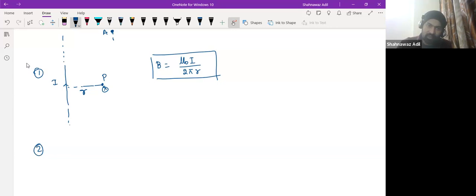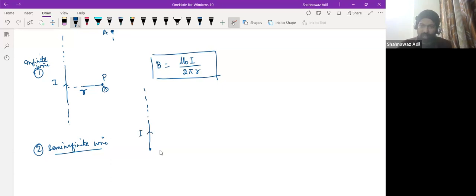And you have this infinite wire, and then you have the semi-infinite wire. Semi-infinite means that one end is fixed and the other end is infinite. And then some current I is flowing through it. And then you calculate the magnetic field at the finite end, right?